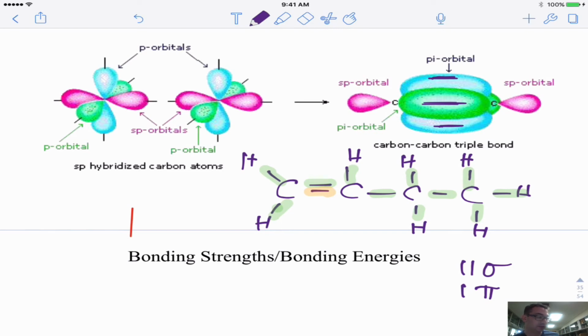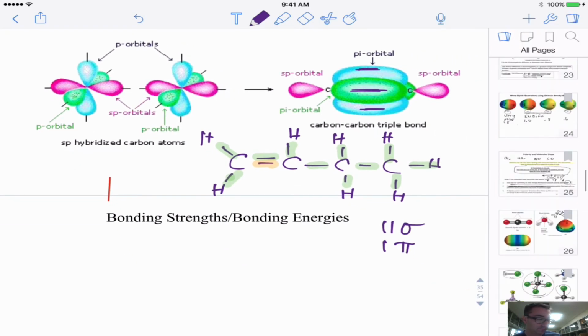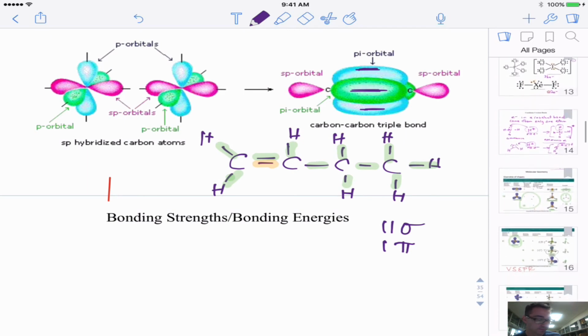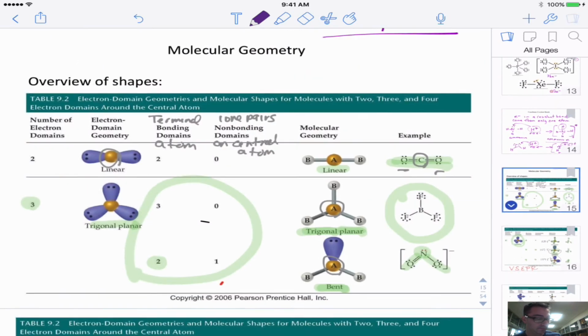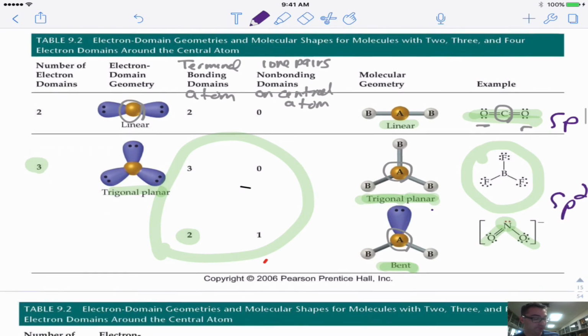Now, just to talk to you about hybridization, just so that you can see what it looks like, if I go back to the images up here, the hybridization occurs with the shapes. So if you're linear, you're sp hybridized. If you're any of these trigonal planars, either trigonal planar or bent, you're sp2.